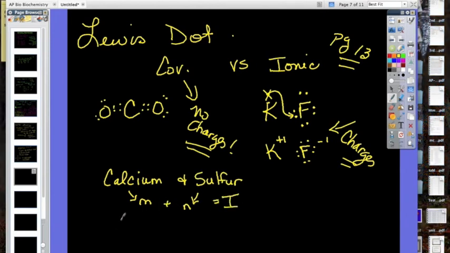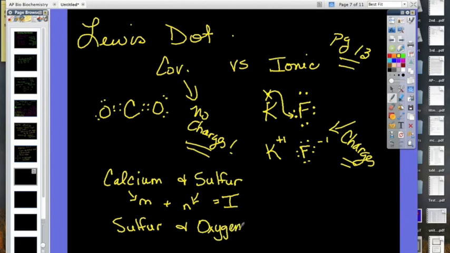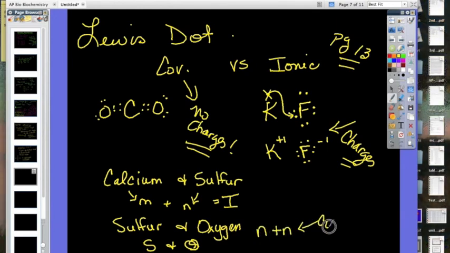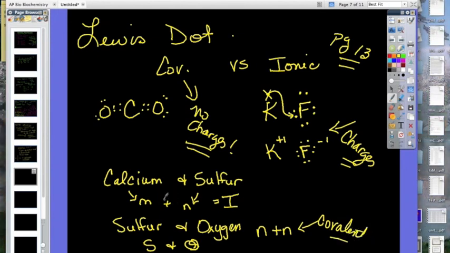If I had sulfur and oxygen, S and O, that would be a nonmetal plus a nonmetal, so that would be covalent. So make sure you can tell the difference between what kind of bond it would be just by the elements and where they're found on the periodic table.